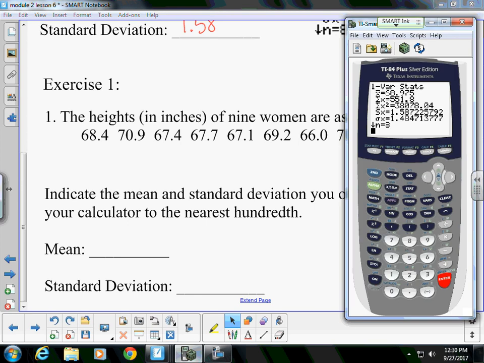Okay, so the first thing that I want to do is push the stat key and enter. What we're going to do is edit a list. And this time I already have numbers in my list, so I'm going to scroll to the top, and push clear and enter, and all my numbers go away. So I'm going to enter in the height of these 9 women. So put them in one at a time. Push enter after each one of them.